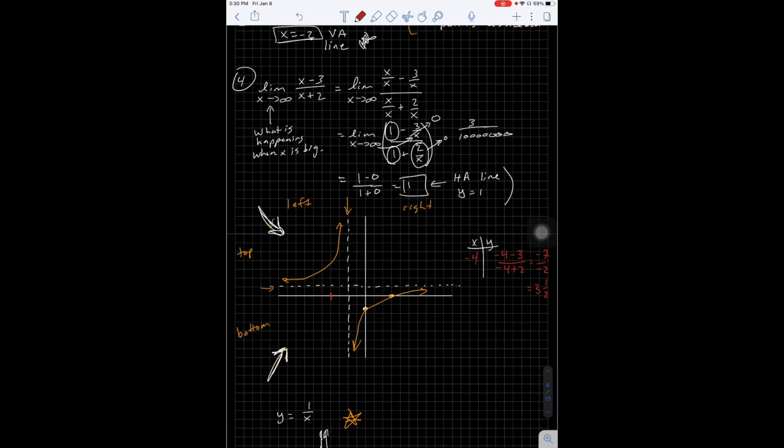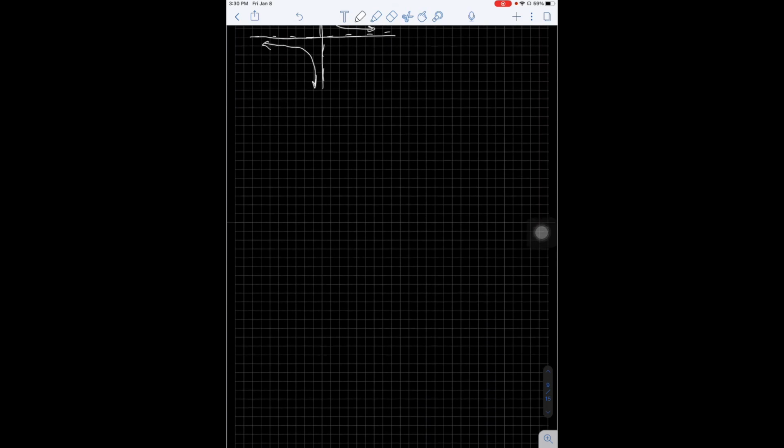So I would go over here, 1, 2, 3, 4, and up 3.5, and there we go, it is a point that is on the graph that I drew. So that's a way to check yourself, make sure you pick the right section, or if you're unsure for some reason. All right, let's try another one.